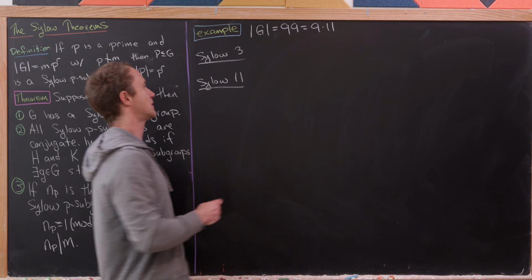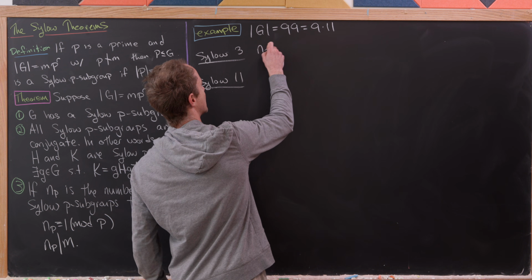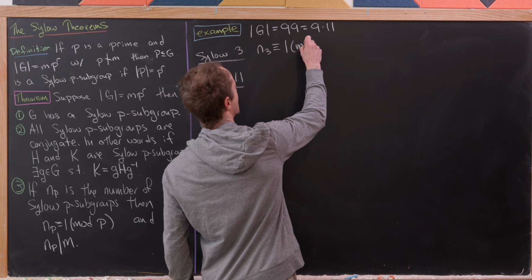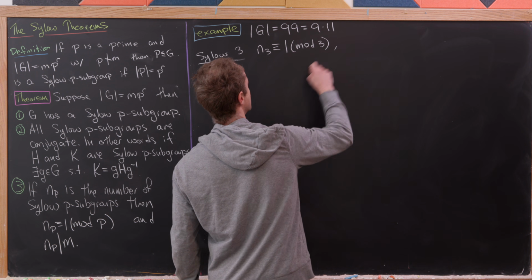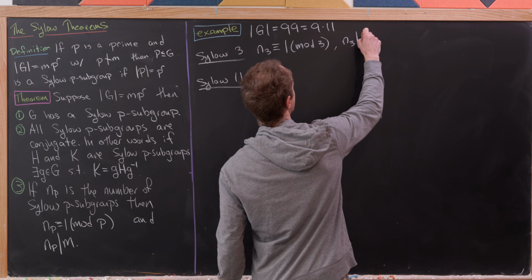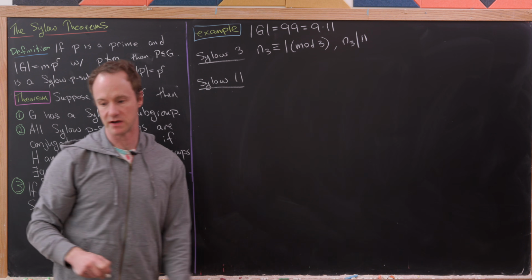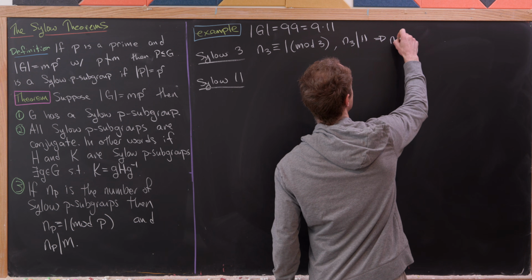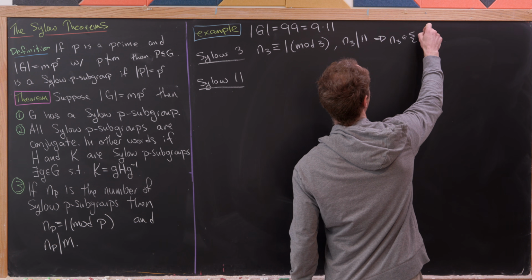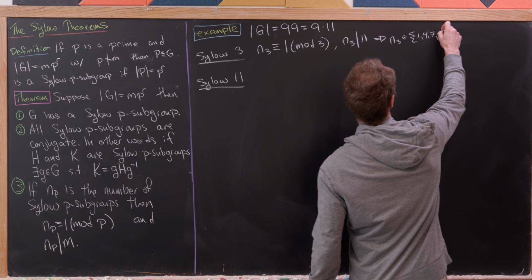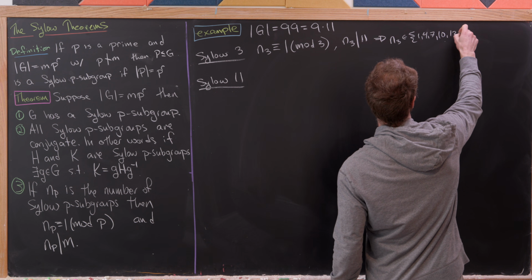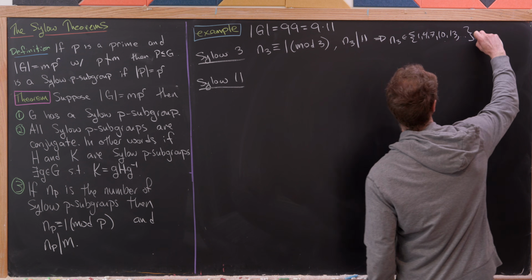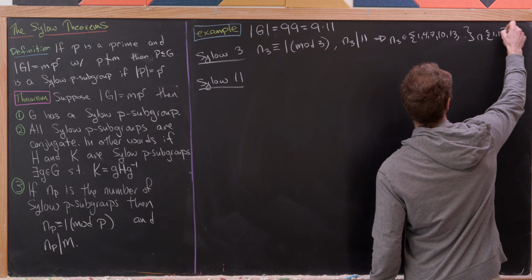So for Sylow 3 subgroups, we know that n_3, the number of Sylow 3 subgroups, has to be congruent to 1 mod 3. And we also know that n_3 must divide 11, because that's what's left over here. So that tells us that n_3 must come from the set 1, 4, 7, 10. Let's see, the next one would be 13, so on and so forth. Those are all the numbers congruent to 1 mod 3, intersected with 1 and 11.